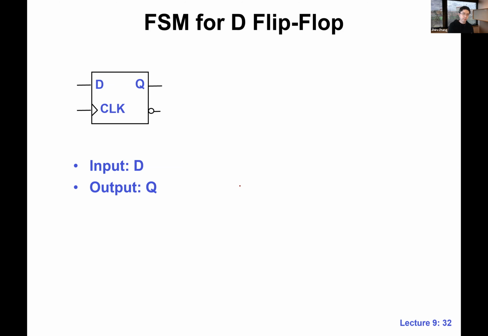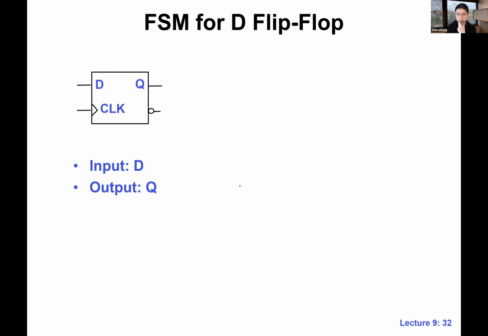Okay, so how many states do we have? First, is this a Moore machine or Mealy machine for the D flip-flop? Is it Moore or Mealy? So what is the output?